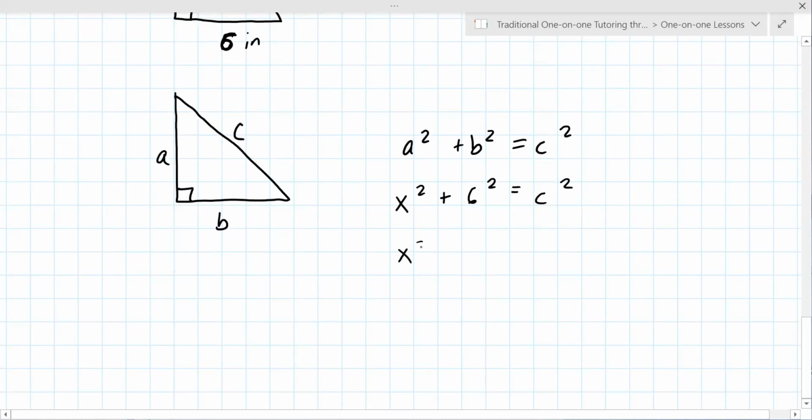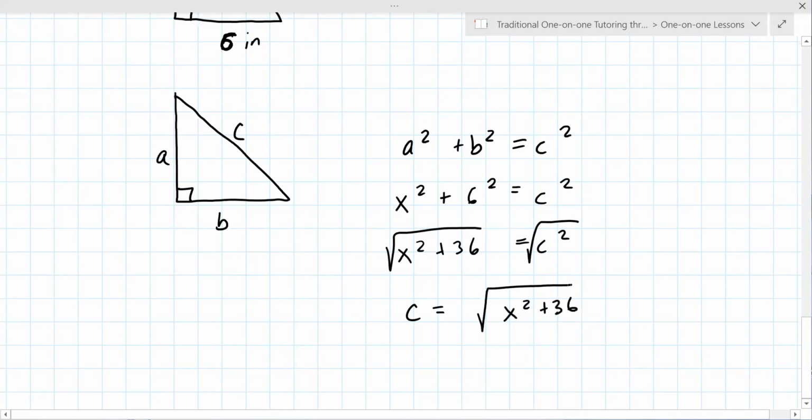So we can say x squared plus 36 equals c squared. And then we take the square root of both sides. So c equals the square root of x squared plus 36. The square root of 36 is 6. So no, you can't simplify this. This is as simplified as it can go.